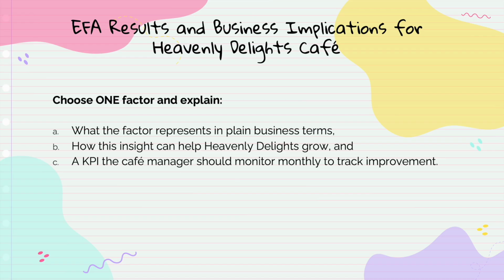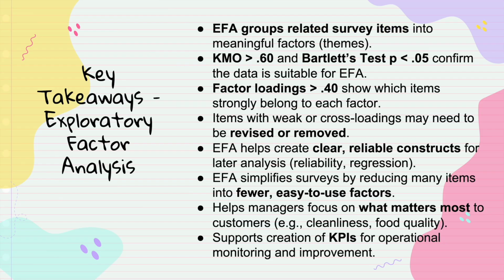So, from the EFA, we now have 5 reliable factors: quality of food, cafe innovativeness, facility cleanliness, atmospheric attributes, and price perception. These will now be used for our reliability analysis and later regression to identify what truly drives customer satisfaction. As a class activity, please choose one factor and answer the following questions.